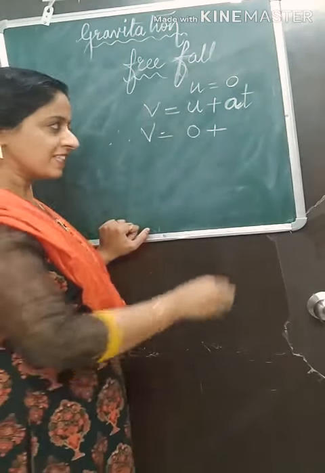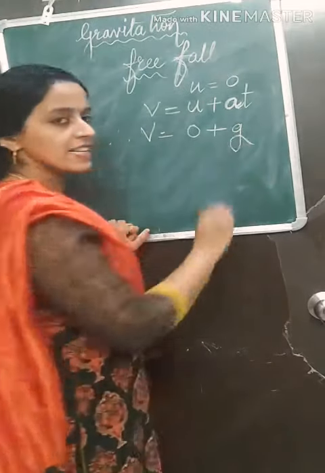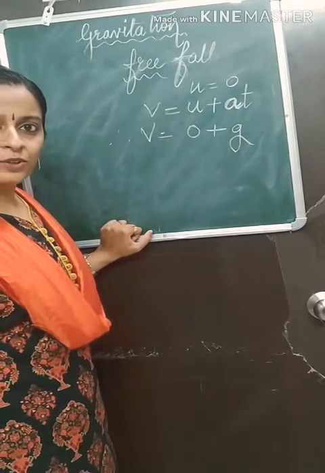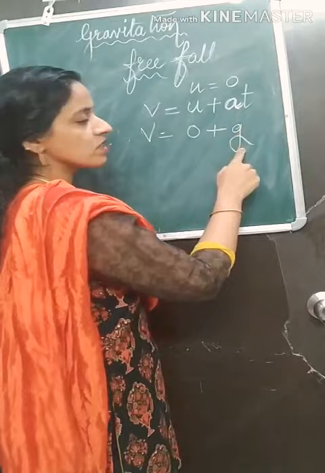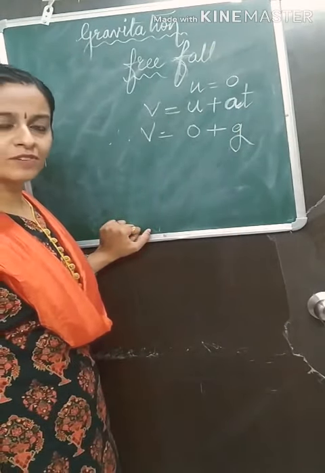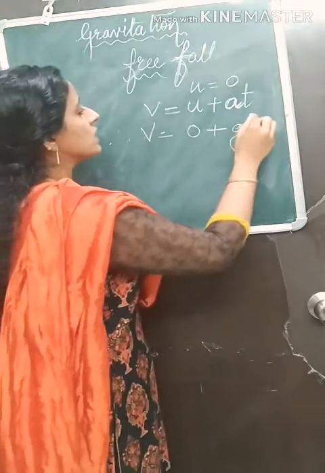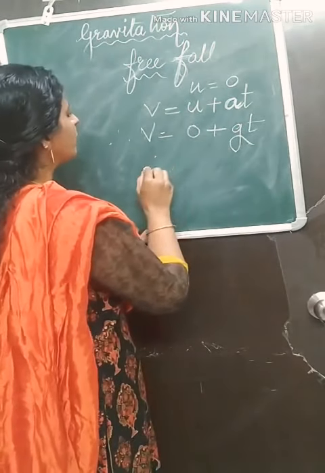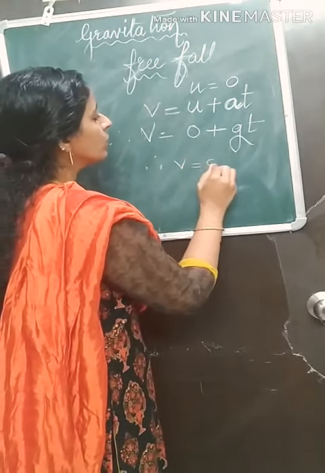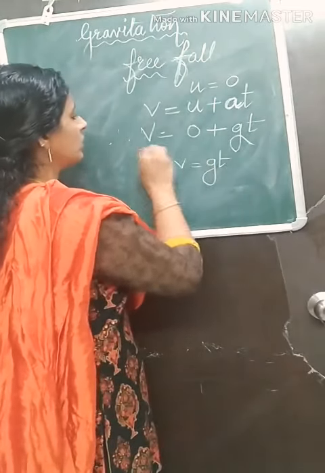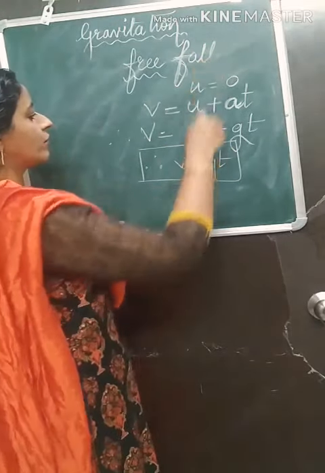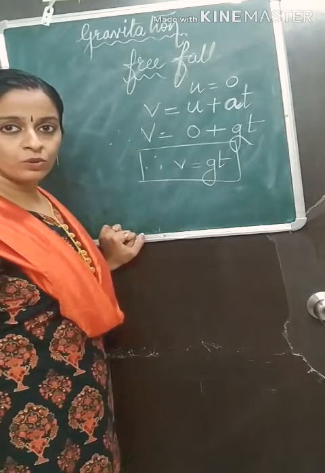It is g, acceleration due to gravity. So a becomes g because it is because of gravity. So v equals 0 plus gt. Therefore, v equals gt. So this is the equation when you have free fall: v equals gt.